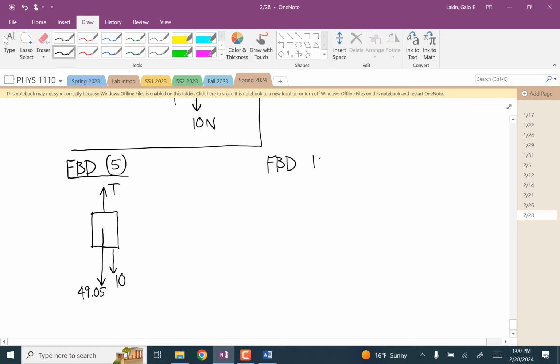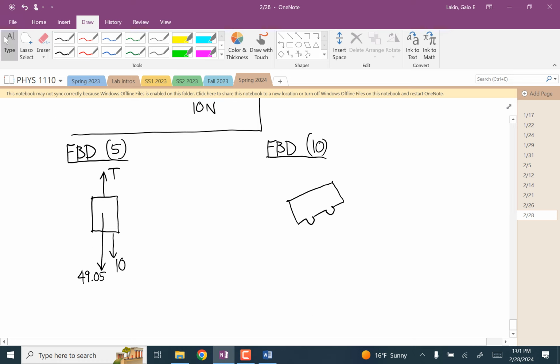And then a free body diagram of the 10 kilogram. So there's the outline. There's a weight force that acts straight down. That's 10 times 9.81, so 98.1 newtons.